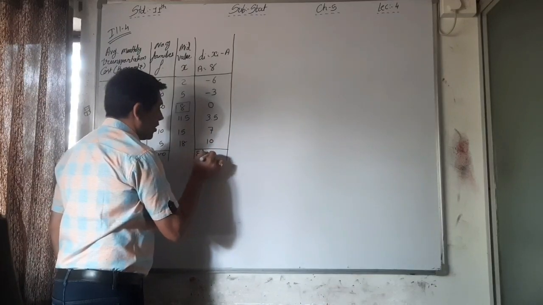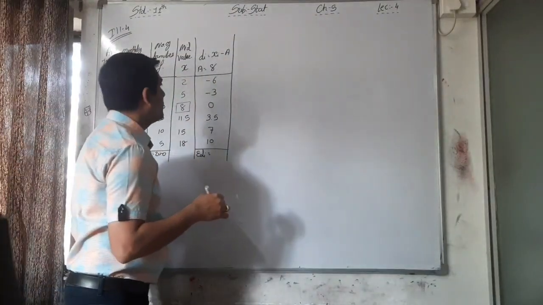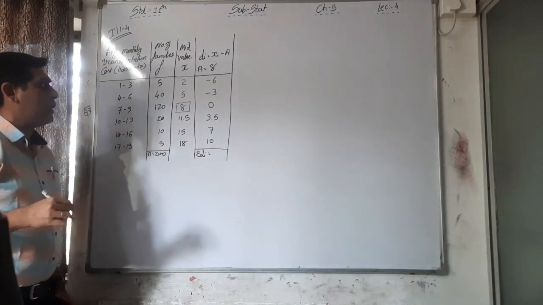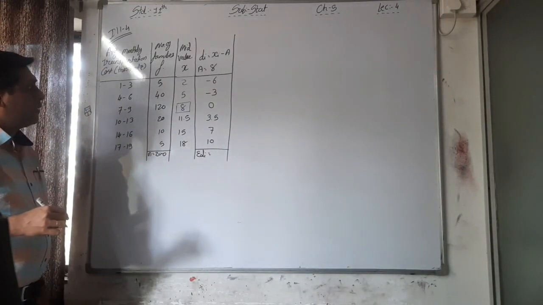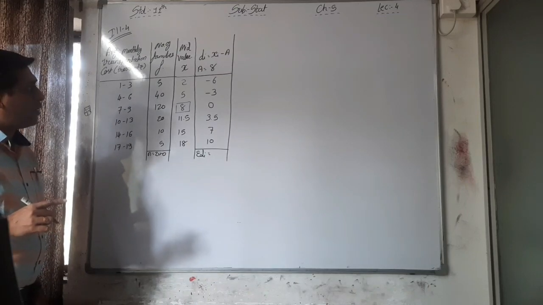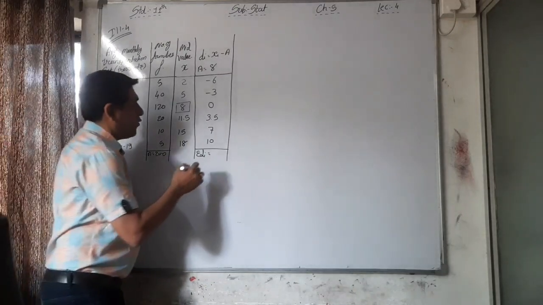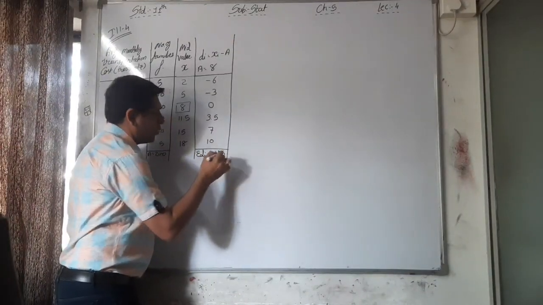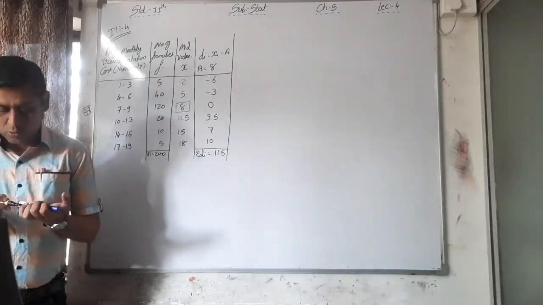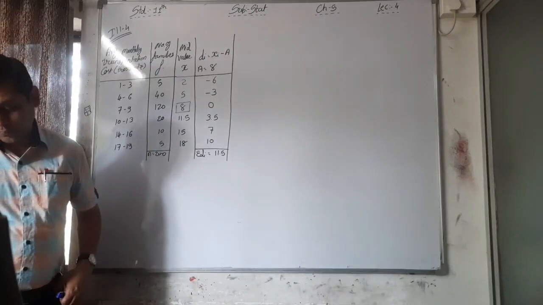Sigma di is equal to, make the total, 6 plus 3, 9. So here 7 plus 3, 10 plus 1, 11.5. Sigma di is equal to 11.5.